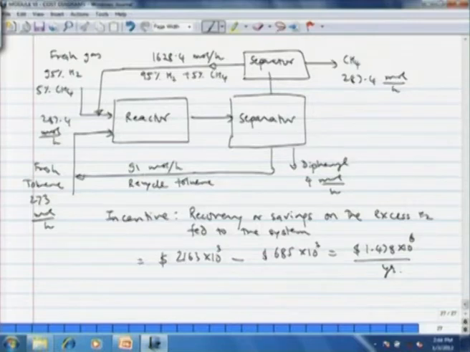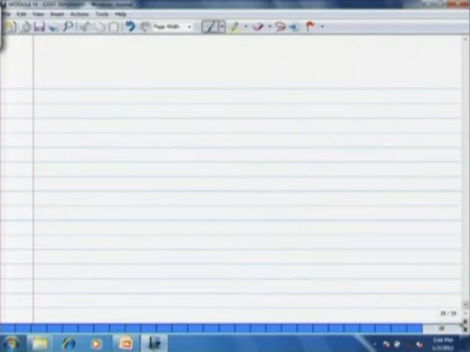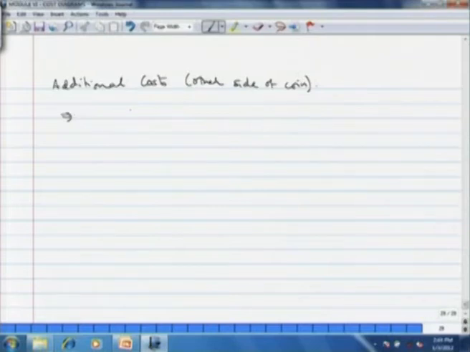Now, what are the additional costs that we are going to incur, or the other side of the coin? First of all, the installation and operation of the hydrogen recovery unit itself is a major cost. So that point we note.